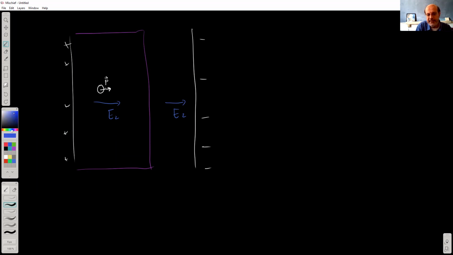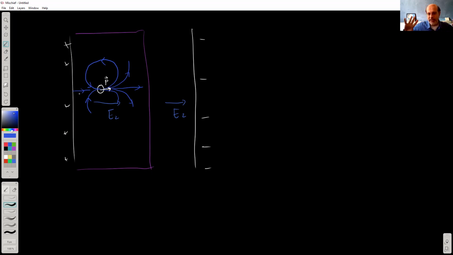Because of that, this molecule itself will contribute its own electric field. So it's going to produce electric field lines in space. I'm just going to draw the electric field lines of that molecule only, all right? I'm not going to draw the electric field lines of all the molecules, just that molecule only, all right?